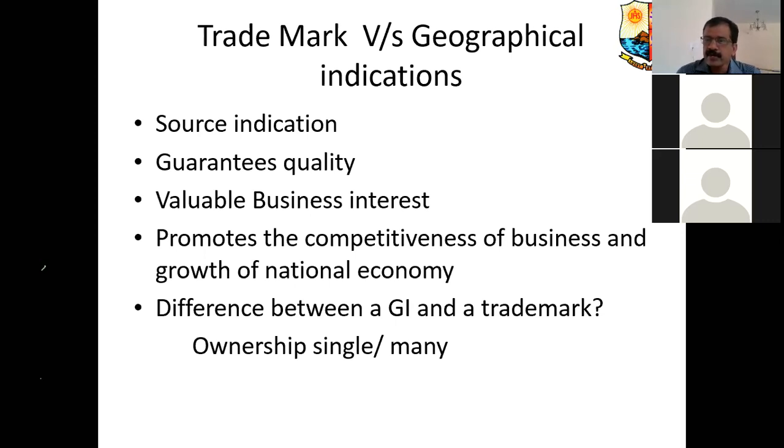Therefore, it is a source indication. Suppose you name one item with one particular place. Say I told you Switzerland watches. Where do you go? You have to go to Switzerland to get that, or you have to import from them. Therefore, it gives the source.